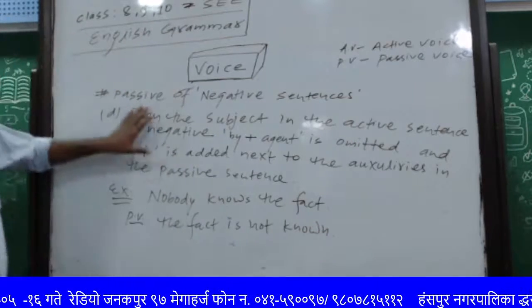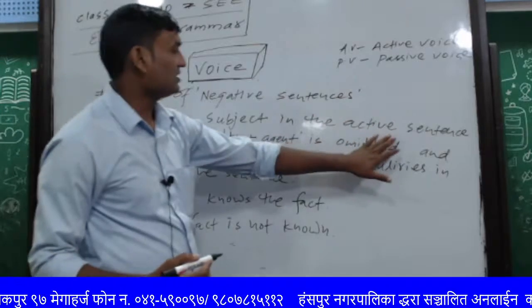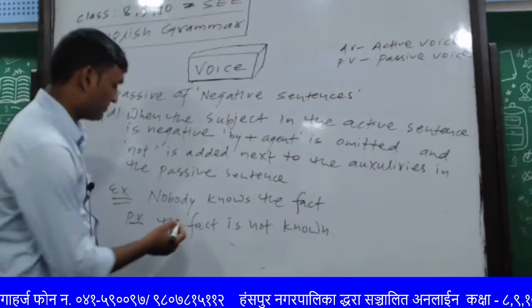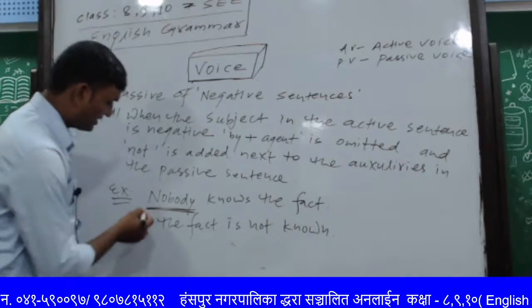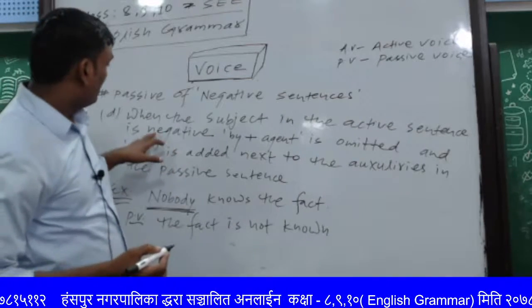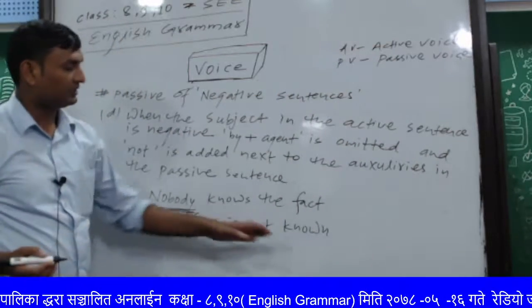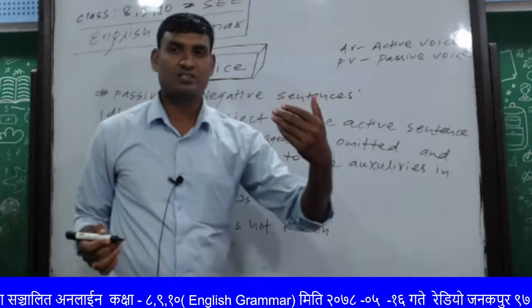Listen. It means when the subject in the active sentence is negative, subject means here nobody, by plus agent is omitted. It means after V3, by plus subject is omitted.